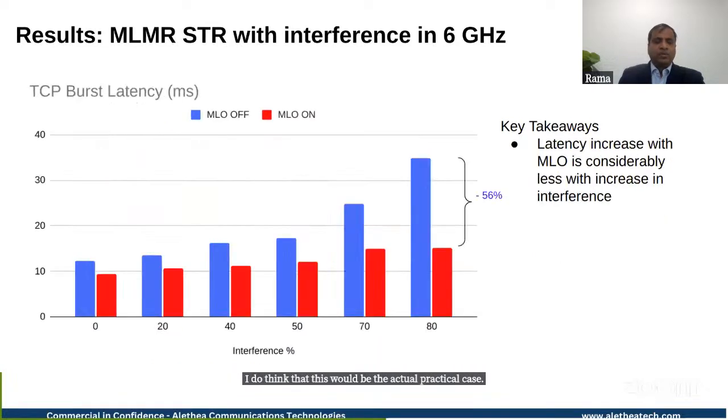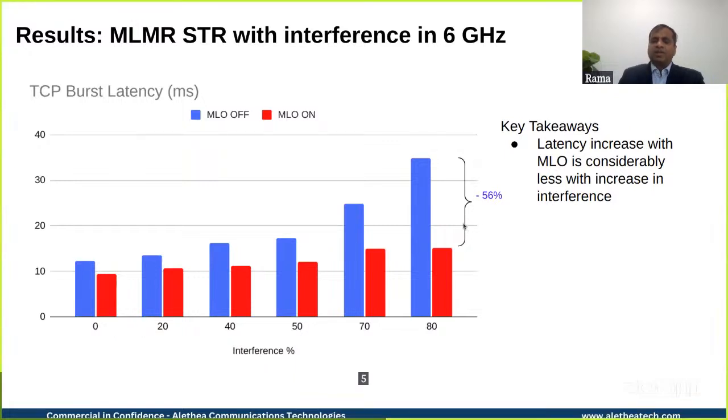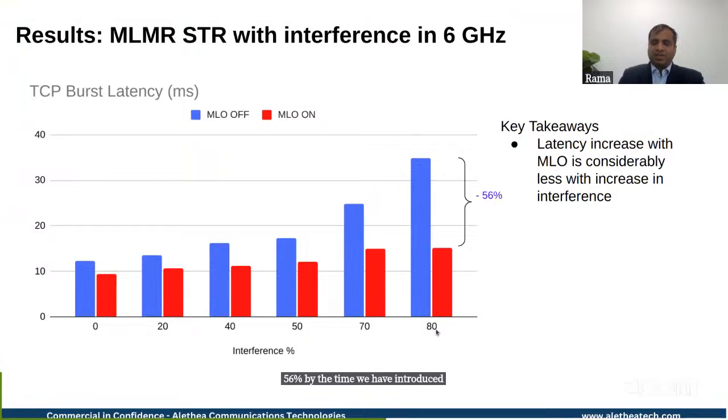If we go to the burst latency, it has decreased by 56% by the time we have introduced 80% interference. What this means is that, given that this is an MLMR STR case, it has the second channel to transmit.